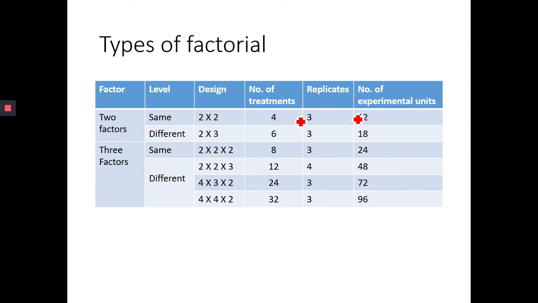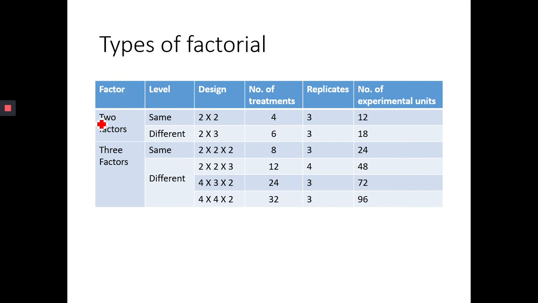Here I'm just trying to illustrate that when we say it's a 2 by 2, 2 by 3, 2 by 2 by 2, 2 by 2 by 3, 4 by 3 by 2, 4 by 4 by 2, these are specific factorial designs which take their name from the number of factors and the number of levels within each factor.